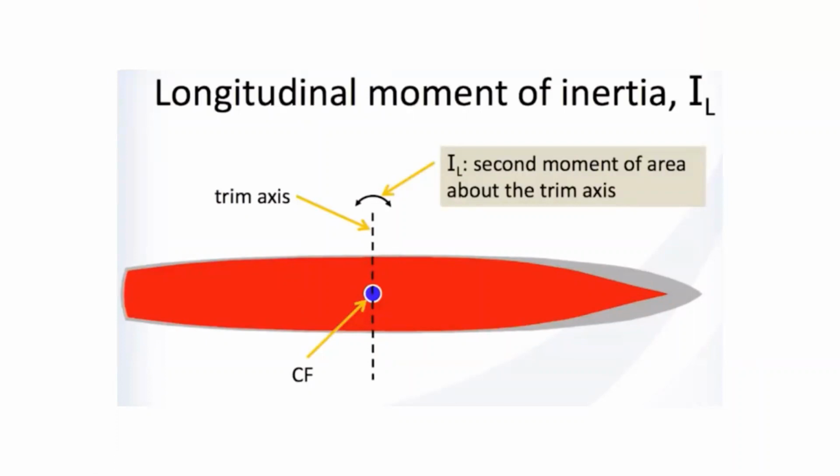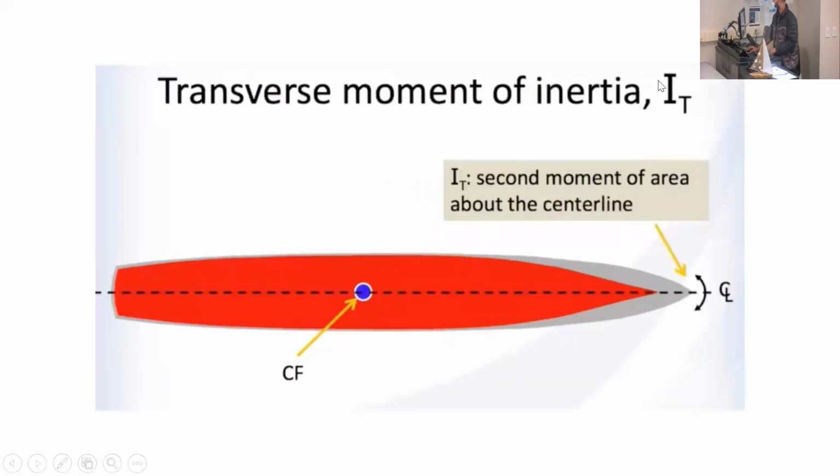Because it's relative to your axis of rotation. Rotating about this axis is related to the trim, so that's the longitudinal direction we care about. In the other case, the rotation happens about the longitudinal axis, but in the transverse direction, so you're rolling clockwise or anti-clockwise. That's why it's called IT, and the other one is IL.